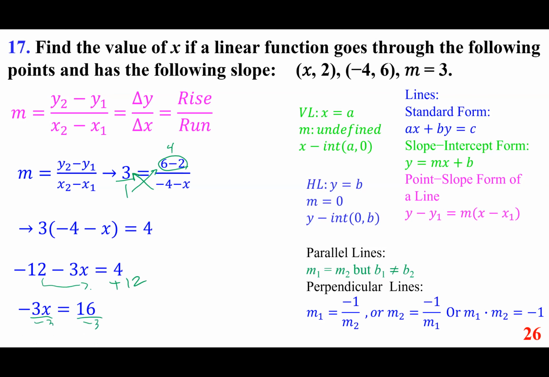Divide both sides by negative 3, and we have the answer. So a quick recap. All you have to do, use these 2 points and rise over run to find the slope, and it must be equal to 3. You find the missing x variable.